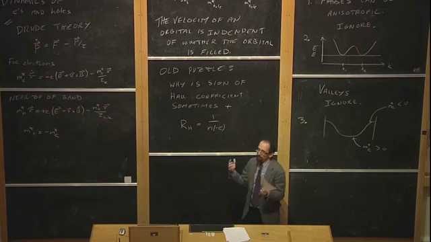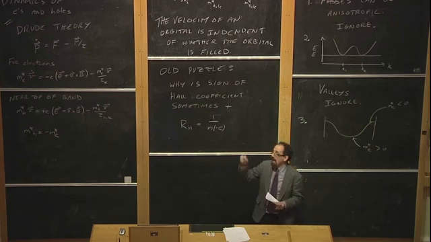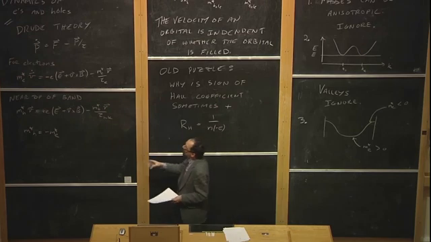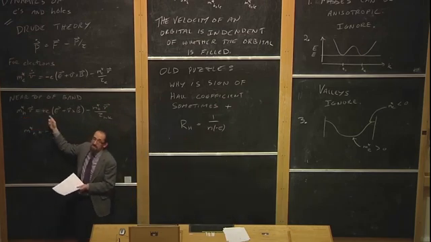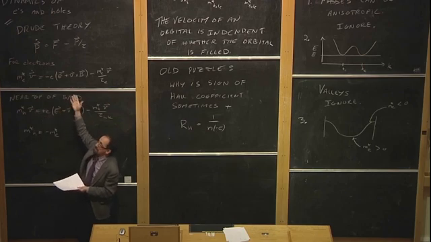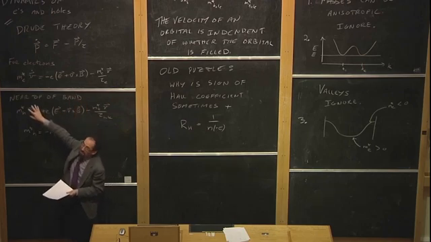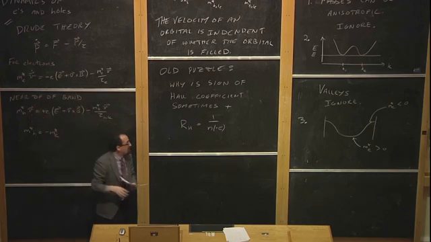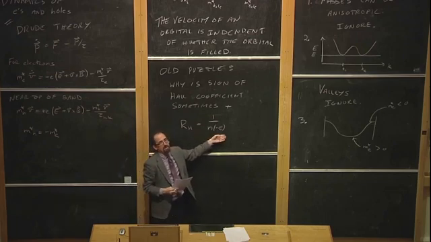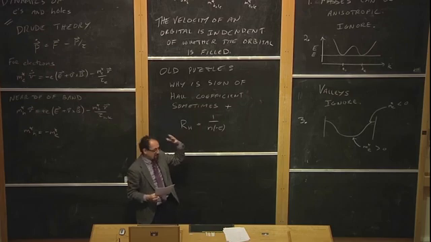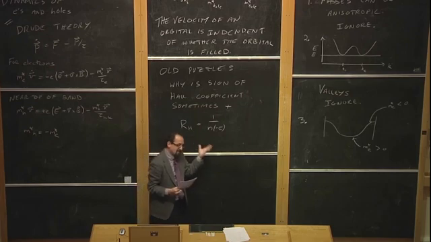But if you have a band which is mostly filled and you just have a couple of holes at the top of the band running around, then either way you look at it, whether you think about it as holes running around with a positive charge, or as electrons running around but with a negative mass, you'll get the opposite sign, because now the things carrying the charge have positive sign instead of negative sign.